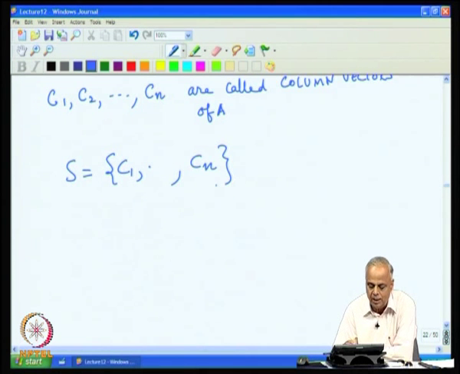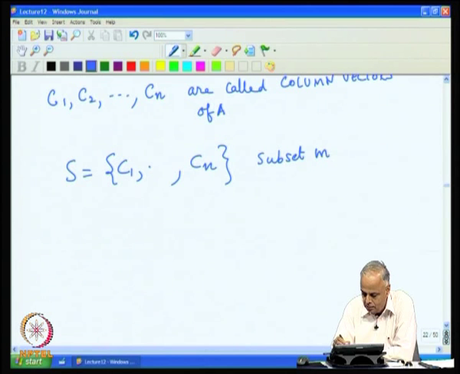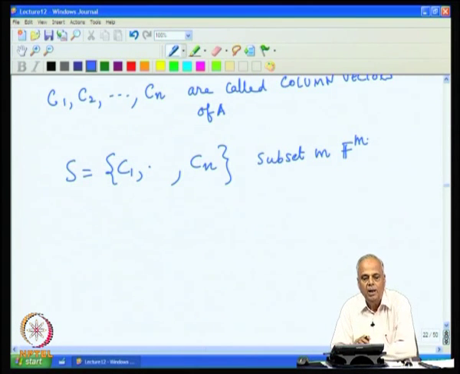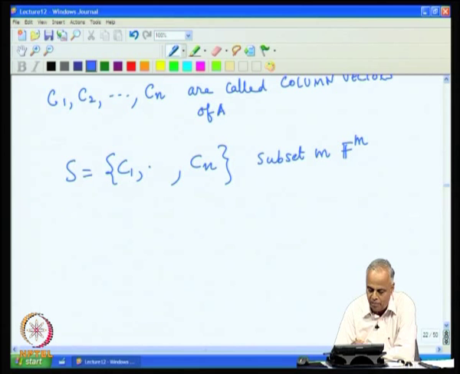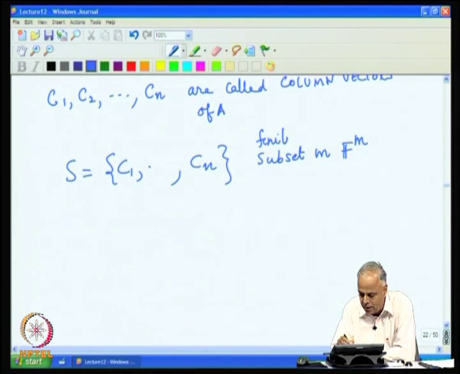This is a subset in Fm, because each one of these vectors has m components, each one of the vectors is in Fm. So, we have a finite subset of vectors in the vector space Fm.